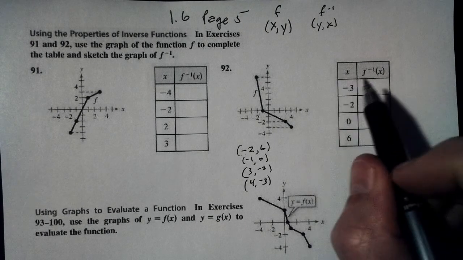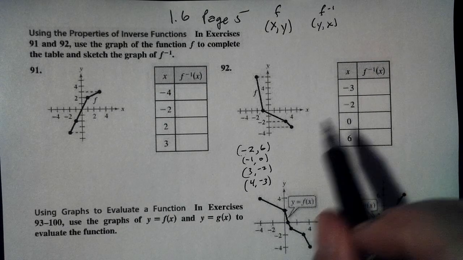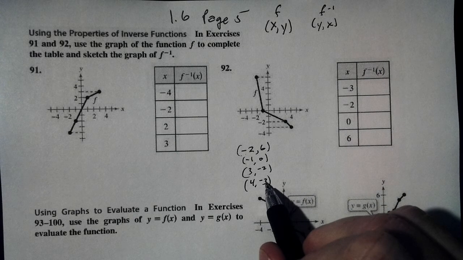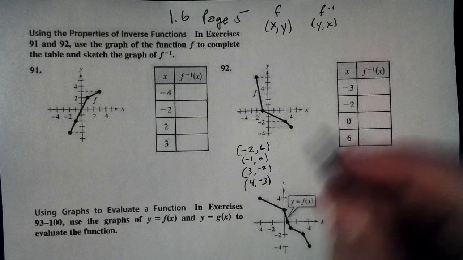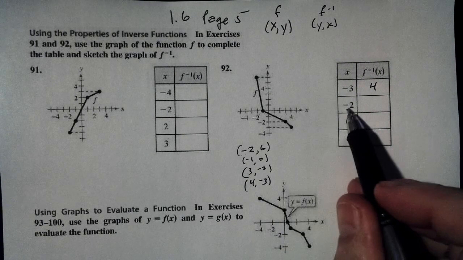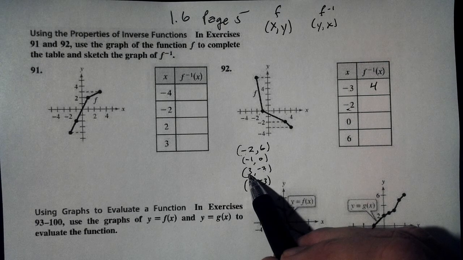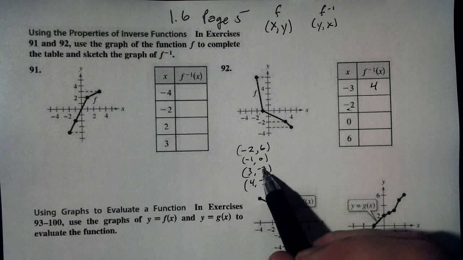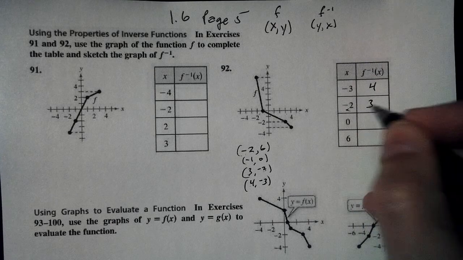If f is a factory that turns 4's into negative 3's, then f inverse must turn negative 3's back into 4's. If f is a factory that turns 3's into negative 2's, f inverse must turn negative 2's into 3's.